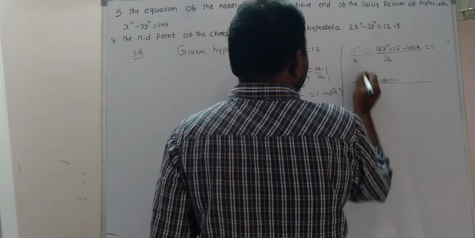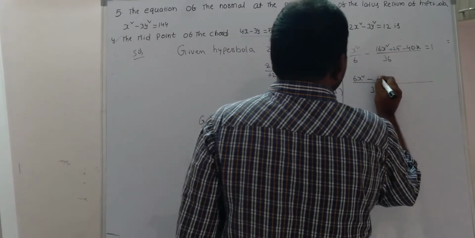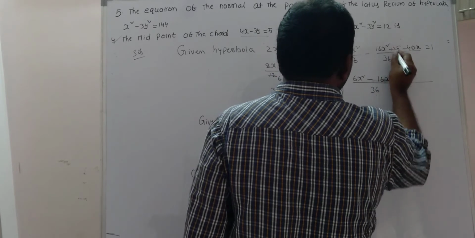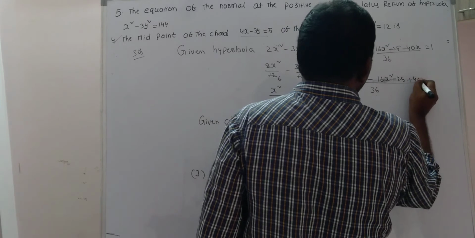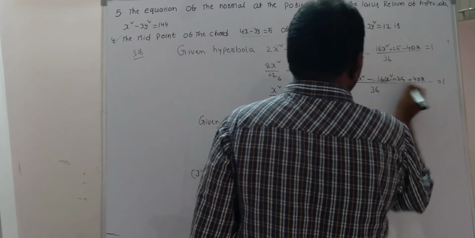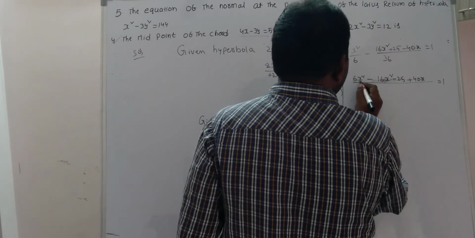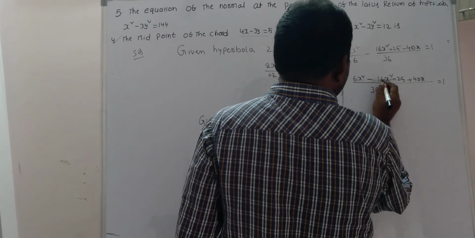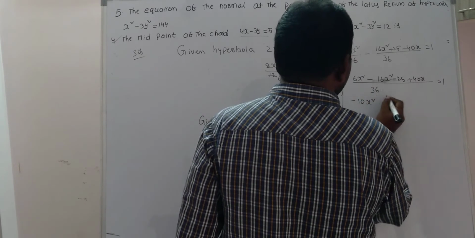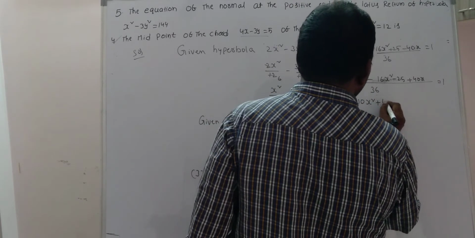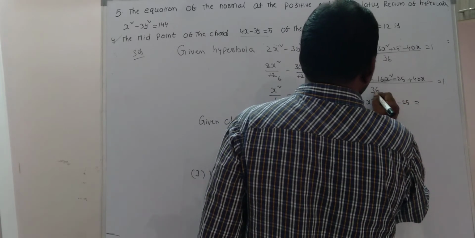6 divides 6 times, so here 6x square minus 16x square minus 25 plus 40x is equal to 36. 6x square minus 16x square we get minus 10x square plus 40x minus 25 is equal to 36.